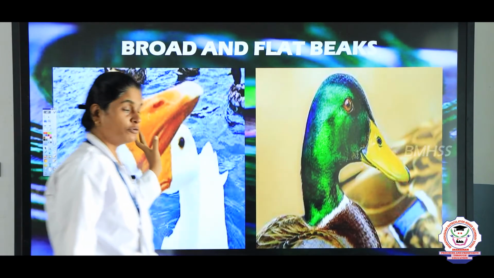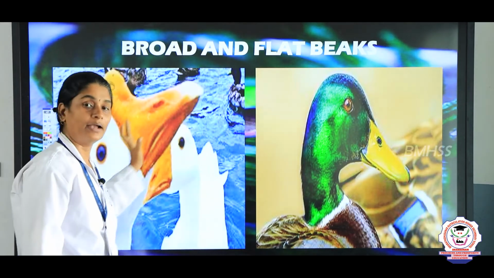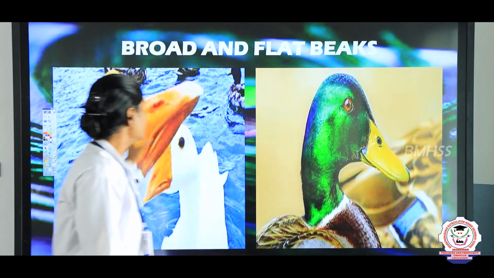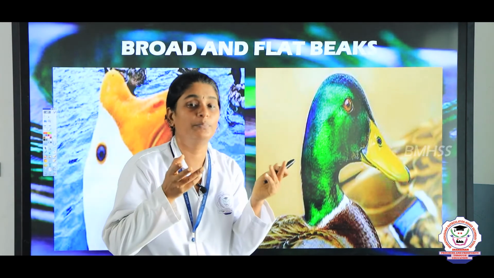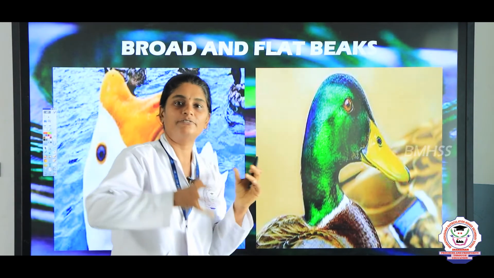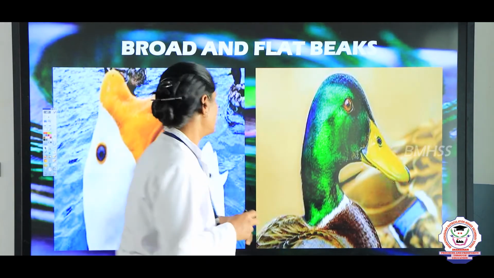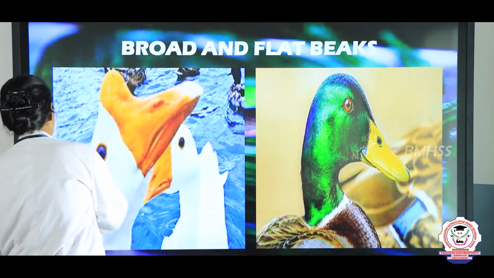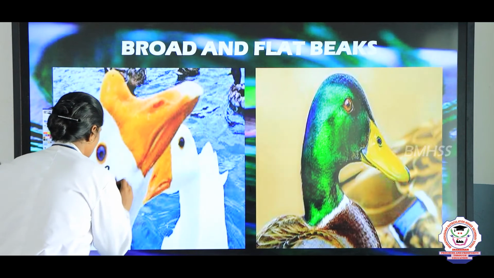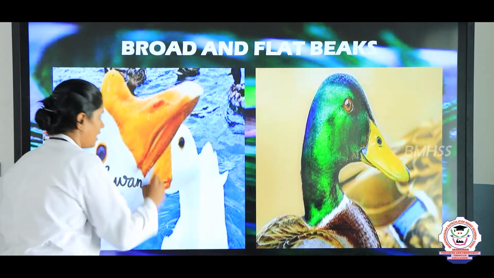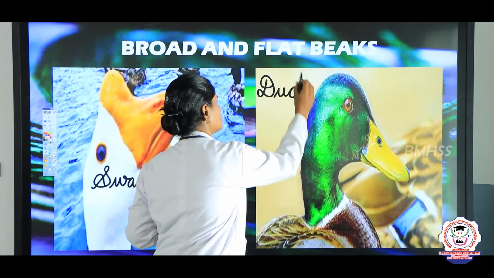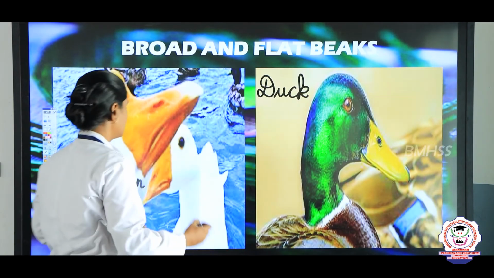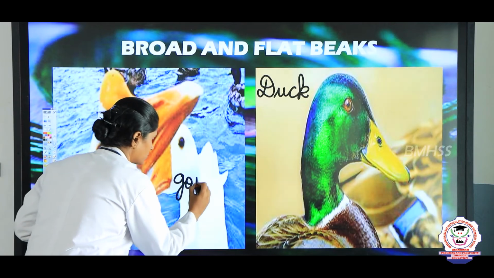So if you take duck and swan, annam, okay, vaathu, they have a broad and flat beak. Why do they have a broad and flat beak? Because to eat the fishes from the water. So birds like swan and duck, swan, duck, goose, okay.